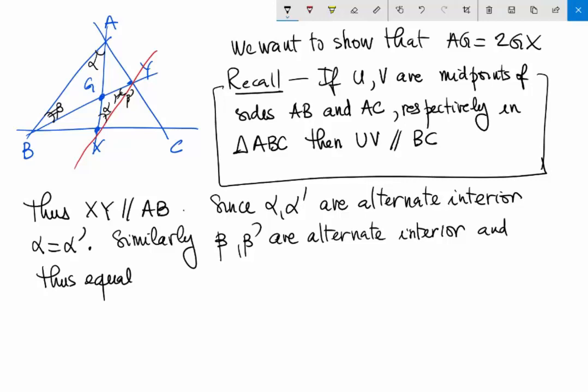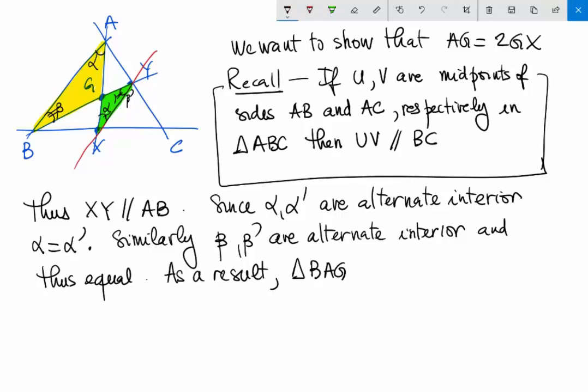So, okay, all right, now as a result, the triangle BAG, let me highlight triangle BAG here, with this triangle here, the triangle YXG, you can see that these are similar triangles because the three angles of one are equal to the three angles of the other.